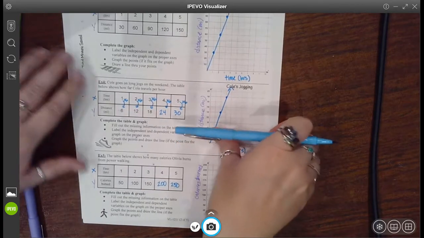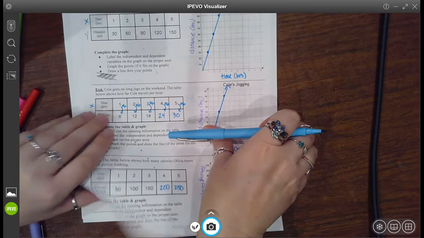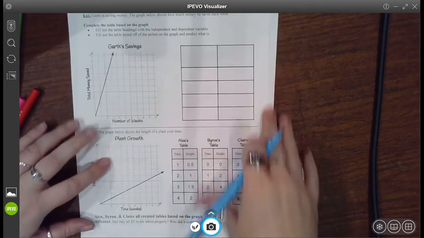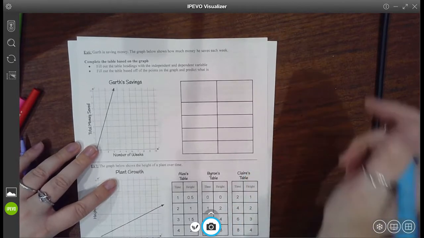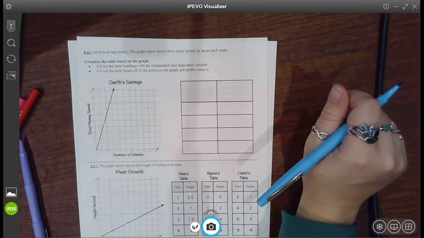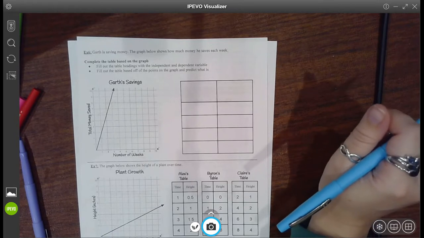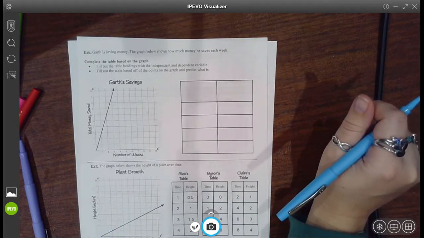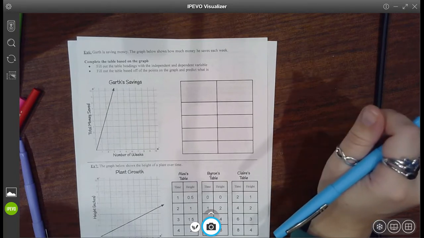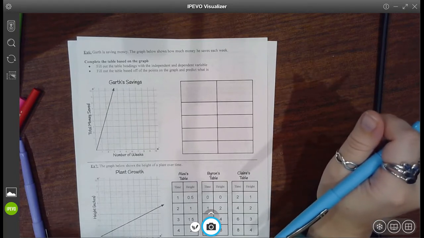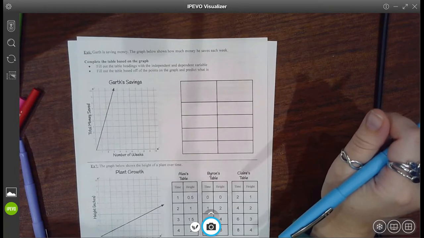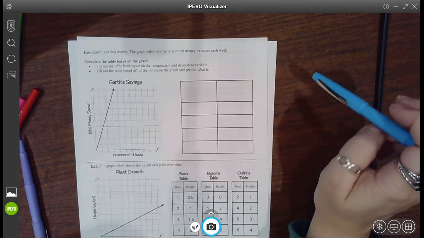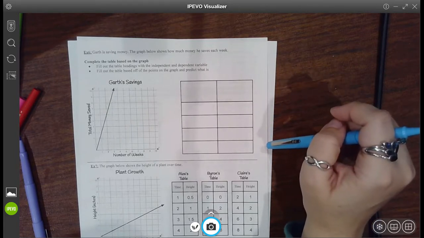Okay, let's go ahead and try the next problem. This looks a little bit different, huh? It says Garth is saving money. The graph below shows how much money he saves each week. They want you to fill out the table headings with the independent and dependent variable, fill out the table based off the points on the graph, and predict what's coming next.